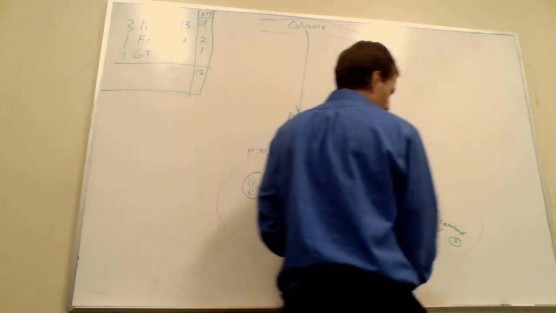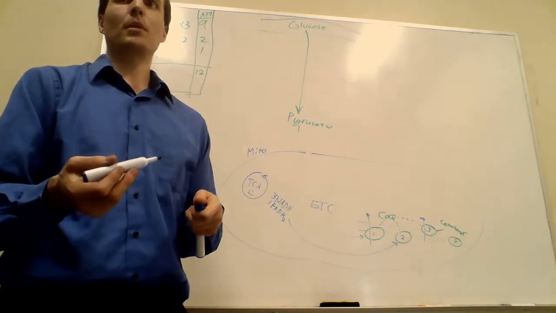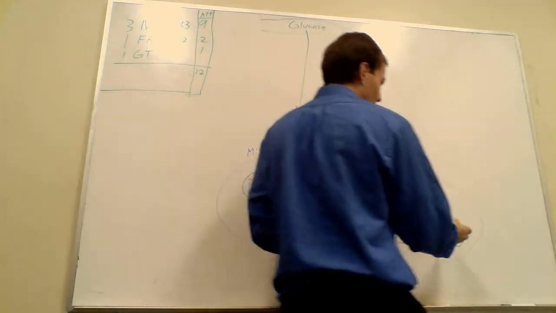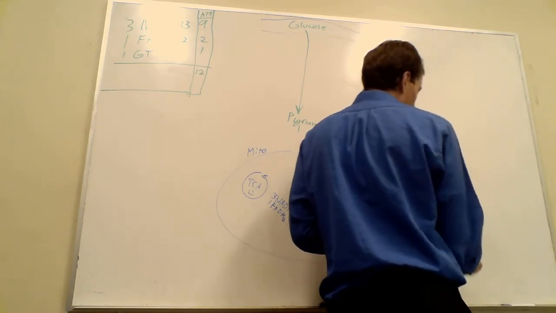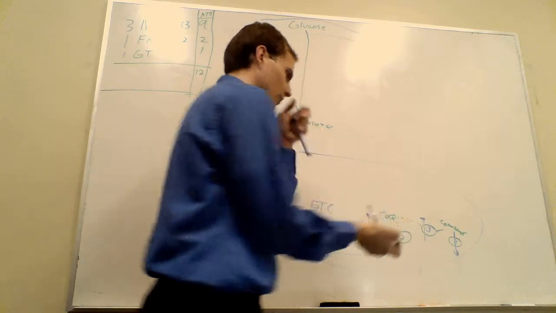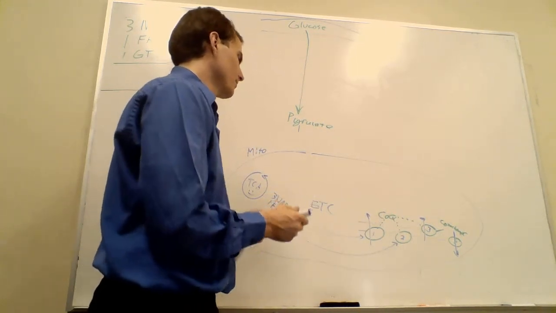And the 4th complex is also known as ATPase, or the ATP pump. And this is the hydrogen ATP pump, and it's going to take all those hydrogens that have been built up across the membrane, the matrix.